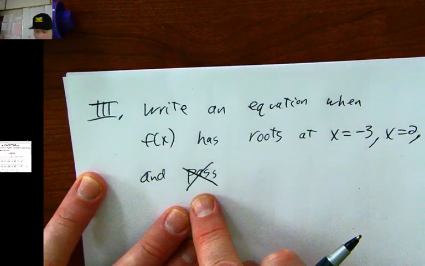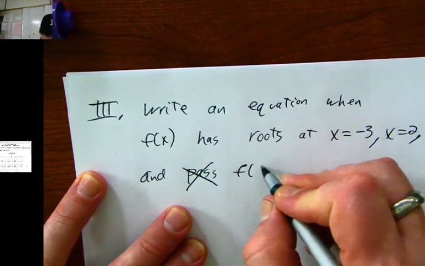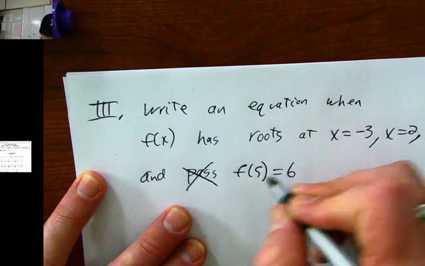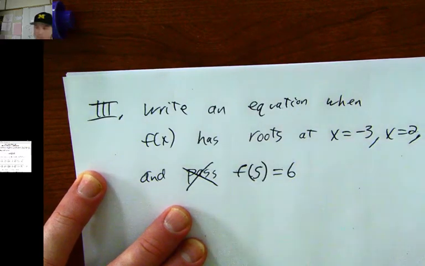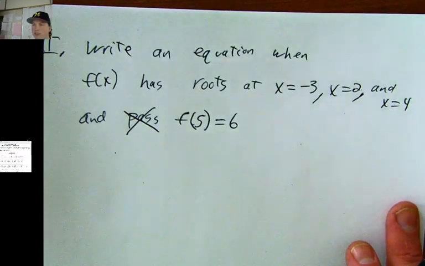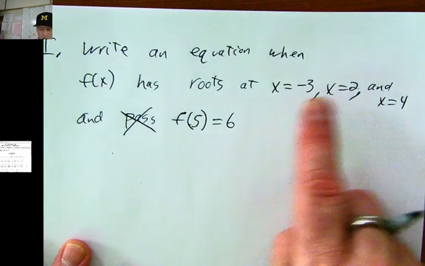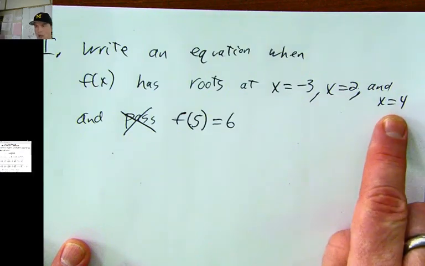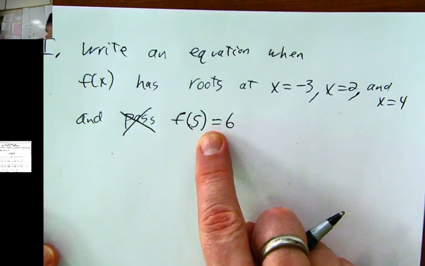And then it also says, and f of 5 is equal to 6.